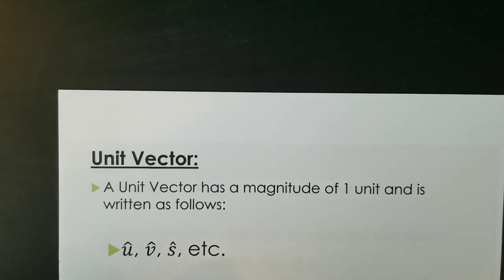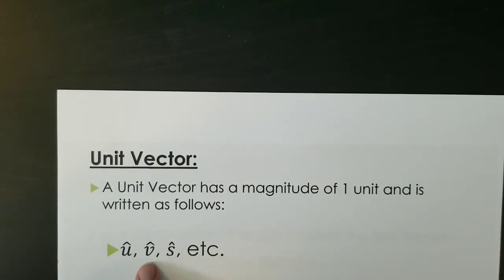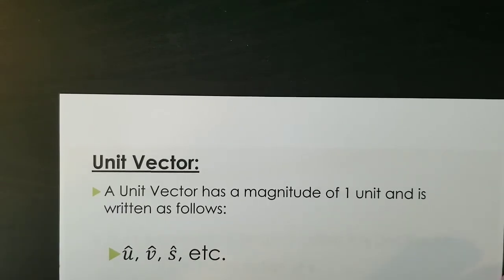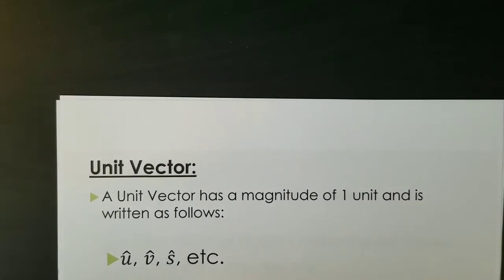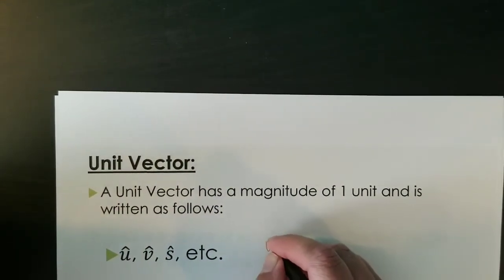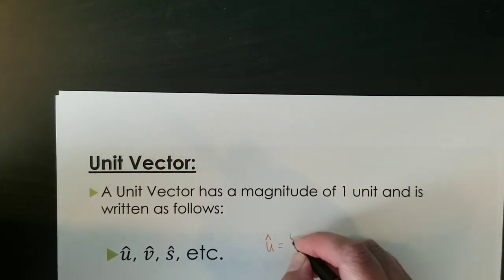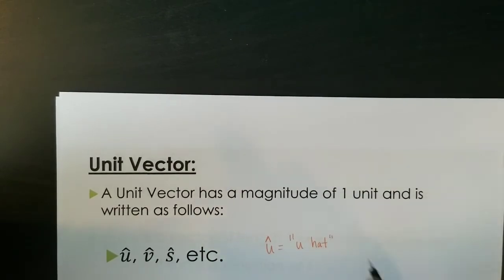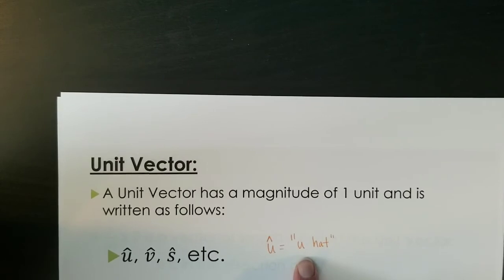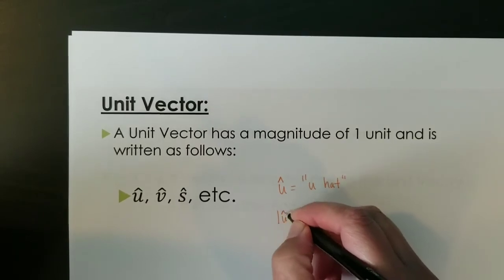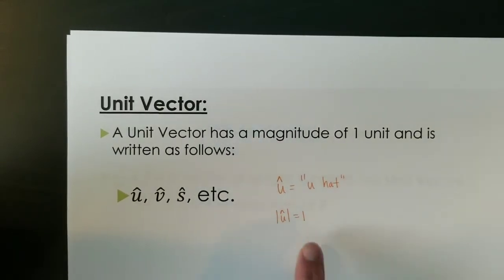I forget the name of that little notation, but I'll see if I can look it up for you guys. That little hat shape on top is how we indicate that a vector is a unit vector and has a magnitude of 1. So any vector with that kind of symbol, the magnitude of u hat equals 1.